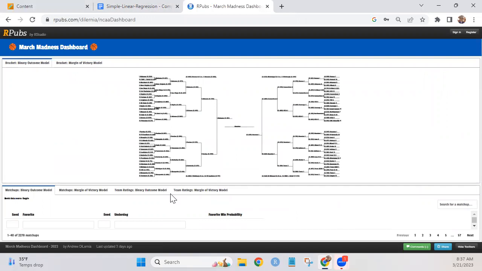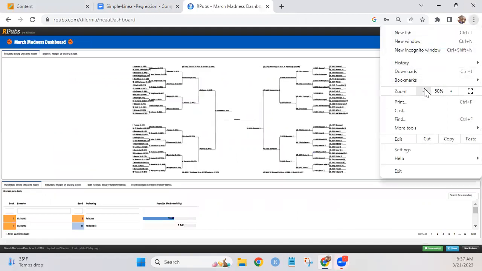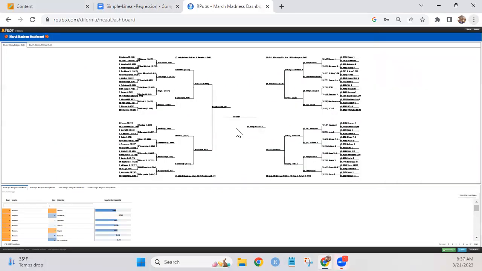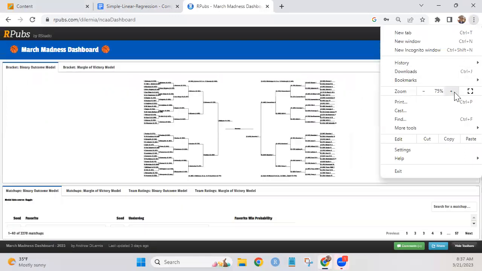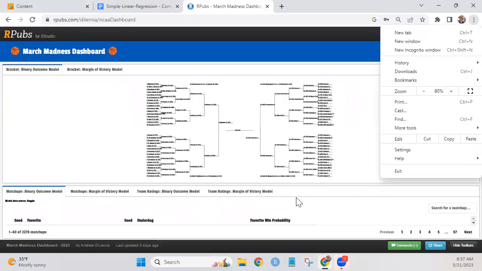I didn't use SAS, I used R, but you could use SAS for this. This took years, I made this from scratch essentially. Let me zoom this a little bit.